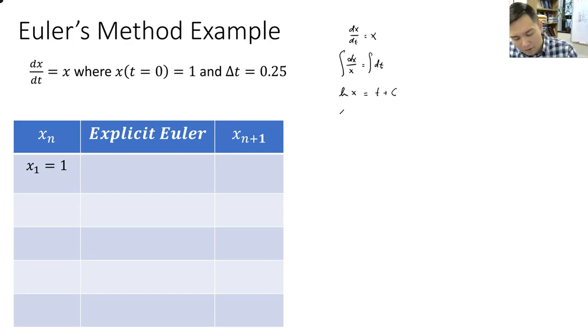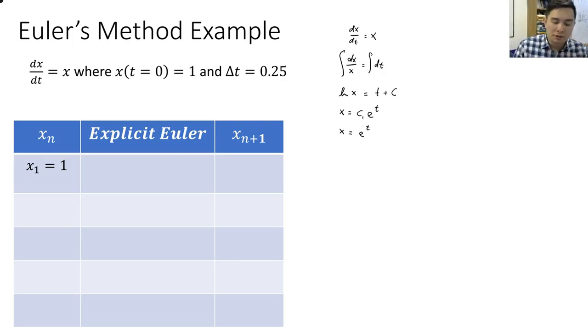I can rearrange this and say that gives me x is equal to c1 e to the t, and implement my initial condition at t equals 0. e to the t is e to the 0, which is equal to 1. So then c1 has to be equal to our x value at t equals 0. And so that's going to just give us x is equal to 1 times e to the t as our analytic solution.